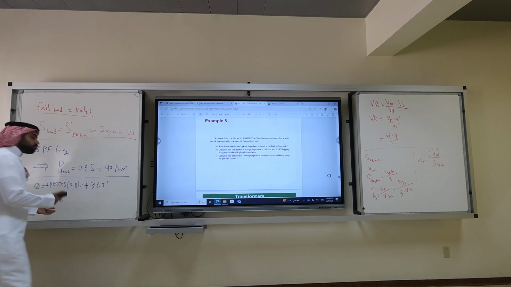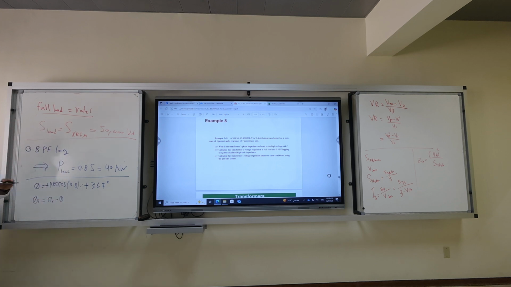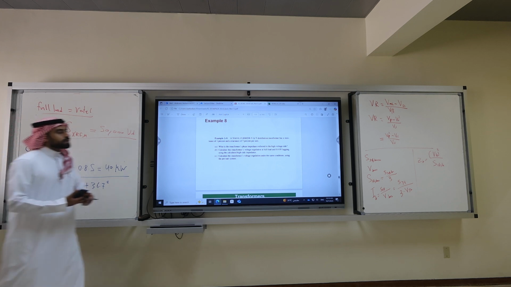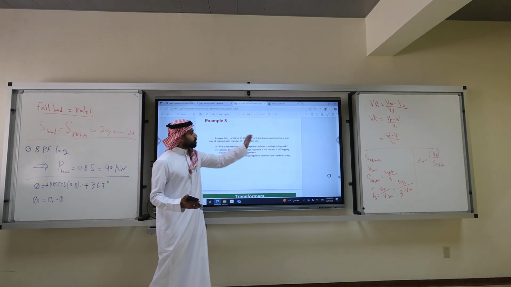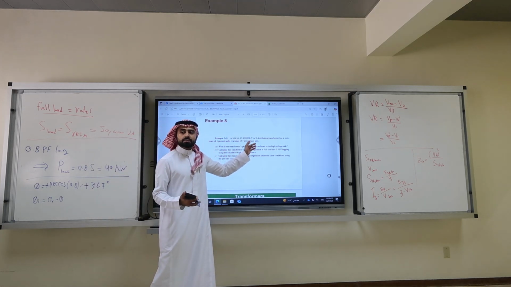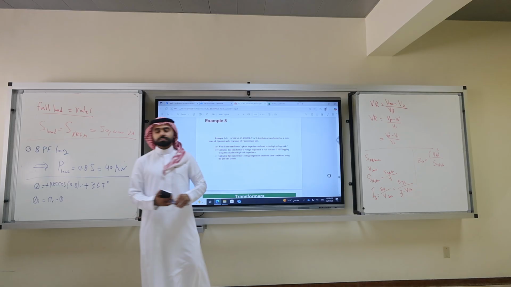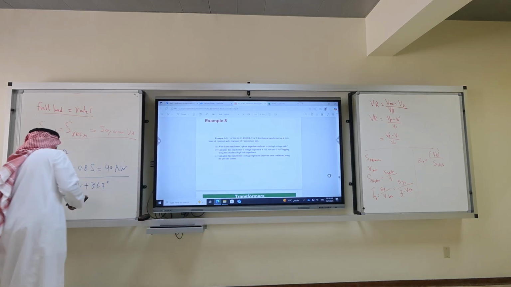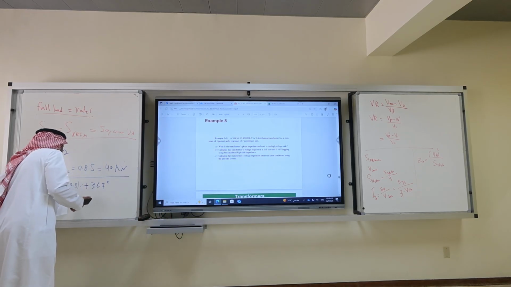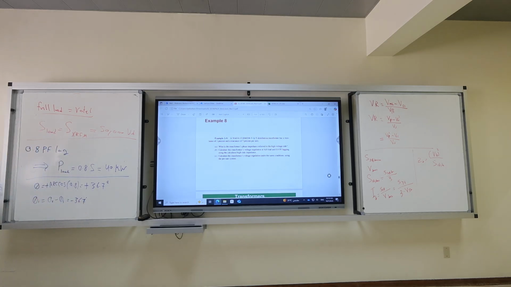Let's assume we're taking V as the reference, which is the load side, the 208. What is theta I? Minus 36.7. Okay, is it clear? How to translate information from the question to useful stuff? This is useful, this is useful. Let's continue.